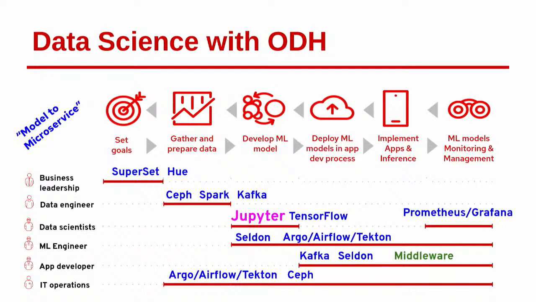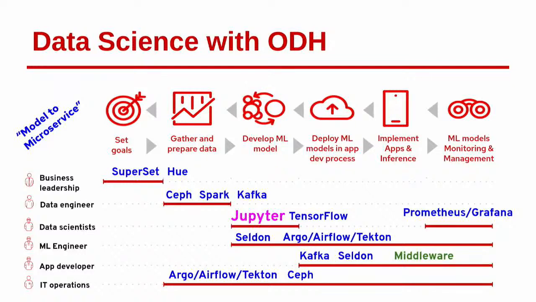Open Data Hub covers most of the phases of a machine learning workflow, all the way from setting your business goals to ETL, preparing data, training, through actually deployment and monitoring. And along the other axis, it also basically covers the corresponding persona.